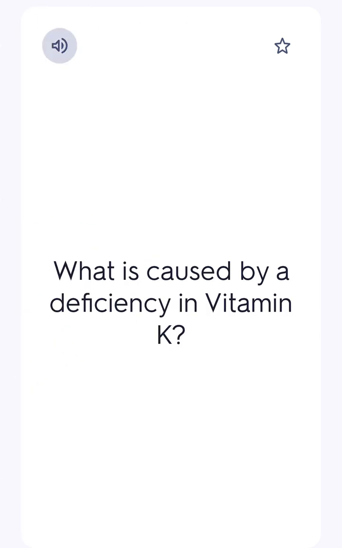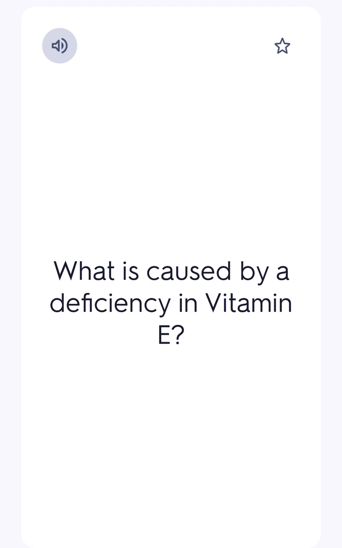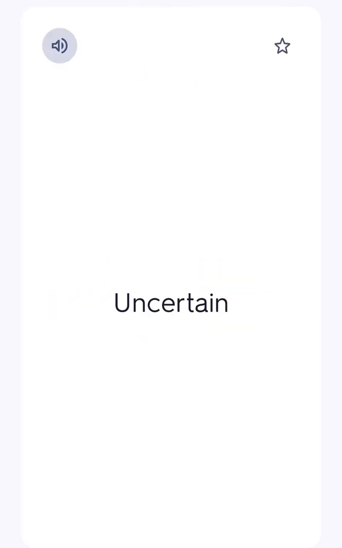What is caused by deficiency in vitamin K? Prolonged prothrombin time, purpura, petechiae. What is caused by deficiency in vitamin E? Uncertain.